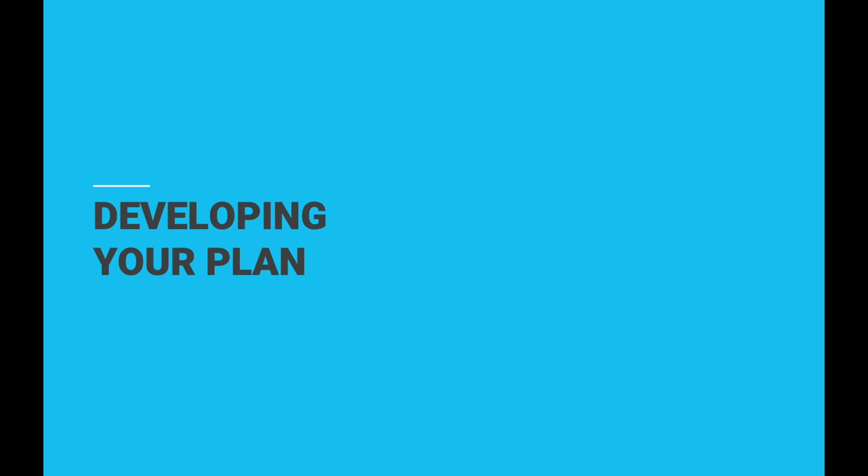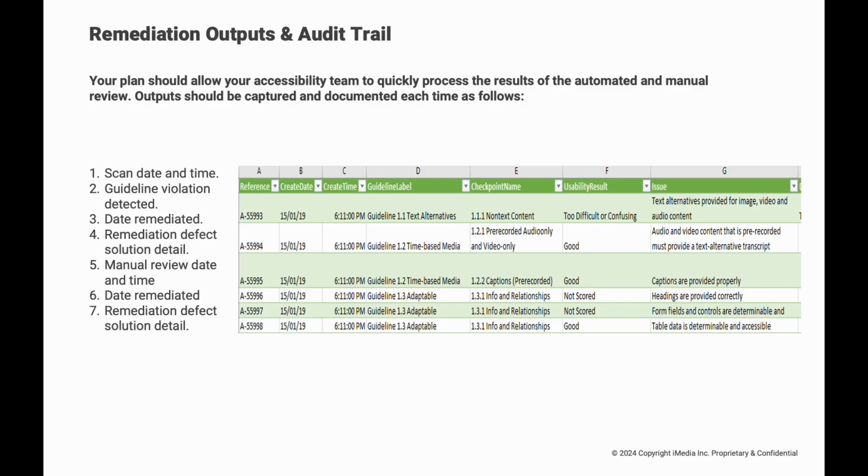So now that you have all the tools that you need and you have a readout of your defects on your site as it relates to A and AA, let's look at developing your plan. Your plan should really allow your accessibility team to quickly process the results of the automated and manual review.